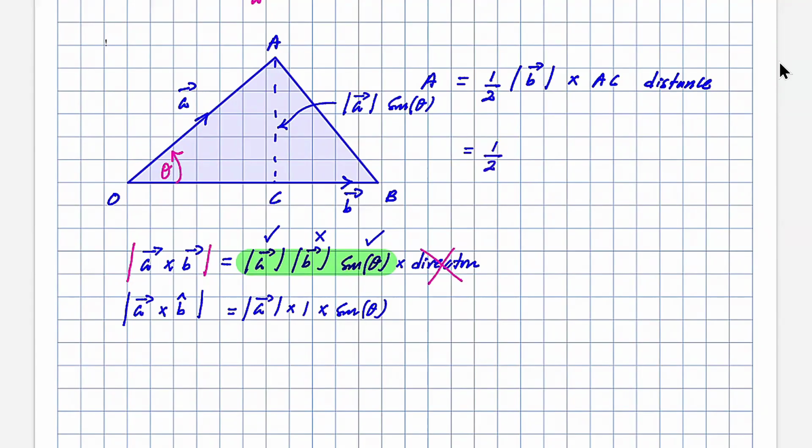So this is going to be half B vector magnitude. Now AC distance I'm going to write A vector cross B hat mod, game over. Is that clear?